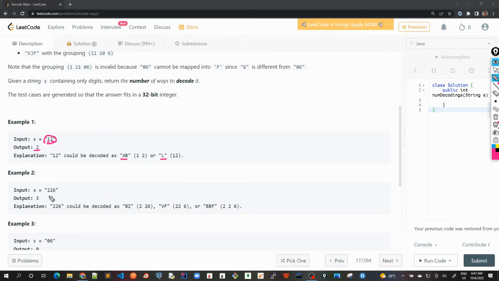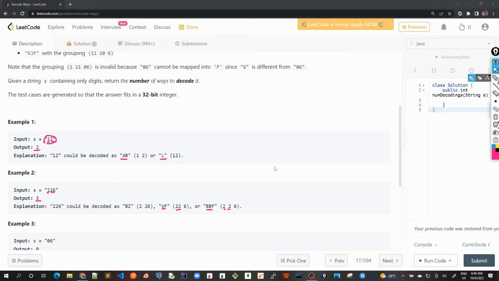Similarly, for 226, the output is 3, and the explanation is also very clear. We can take 2 and then 26, which corresponds to B and Z. Similarly, we can take 22 and 6, which is V and F, 22 for V and 6 for F. And we can take each of them individually, 2, 2, and 6, which will be BBF.